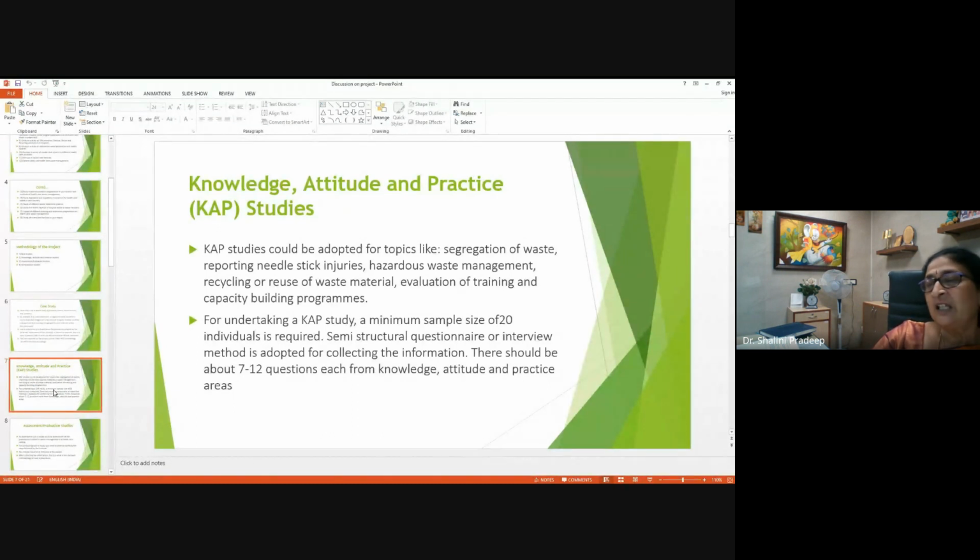If it is a KAP study, there should be about 7 to 12 questions each for knowledge, attitude, and practice. This you should remember very well. KAP study, 20 people and 7 to 12 questions. So if you are deciding on a KAP study, please see that this criteria is met.